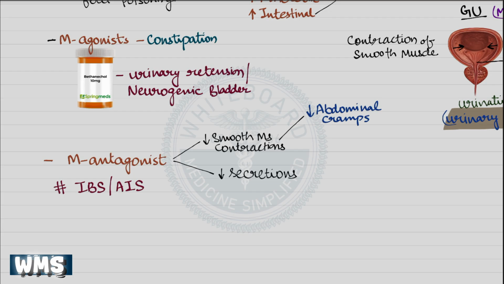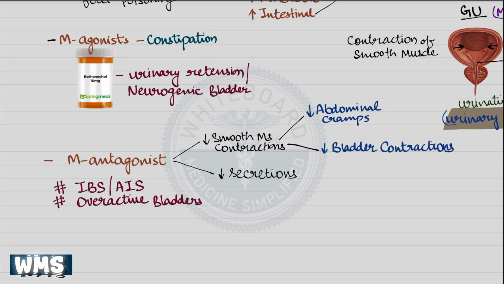In the urinary system, blocking M3 receptors relaxes the detrusor muscle and reduces involuntary bladder contractions. This is particularly useful in overactive bladder, where patients experience urgency, frequency, and urge incontinence. By blocking muscarinic receptors, we decrease unwanted bladder contractions and improve bladder control.